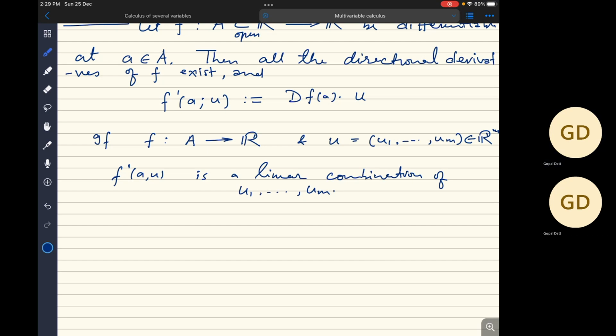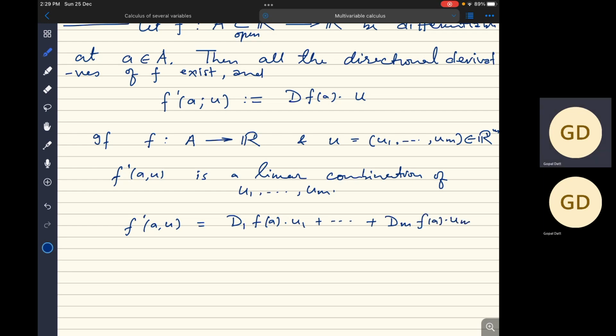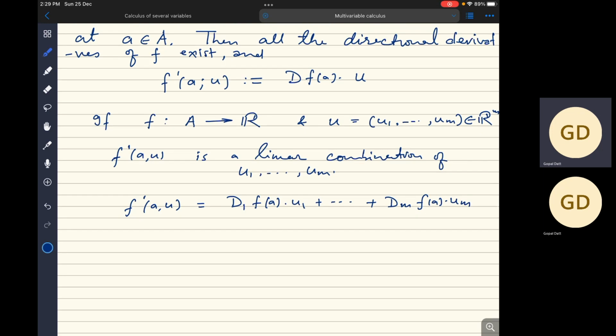So f dash a u, this was d1 f a u1 plus ... plus dm f a um, and thus we concluded that this Df a is nothing but the gradient of f at point a.